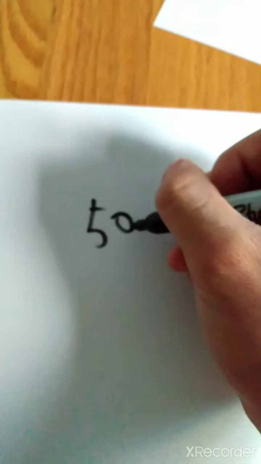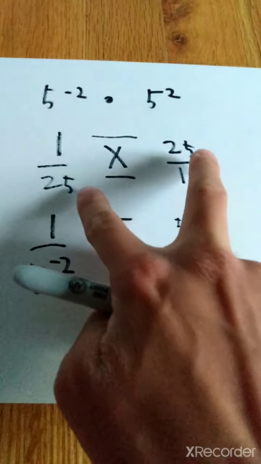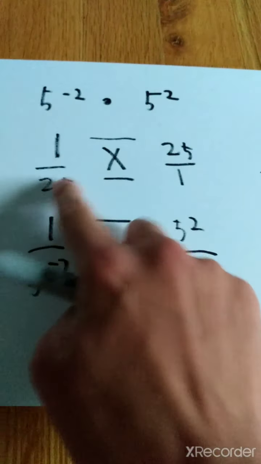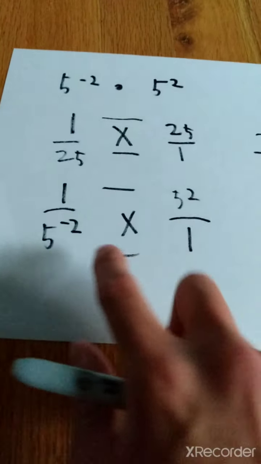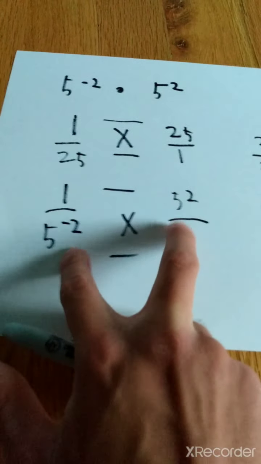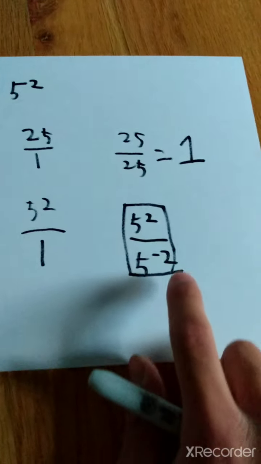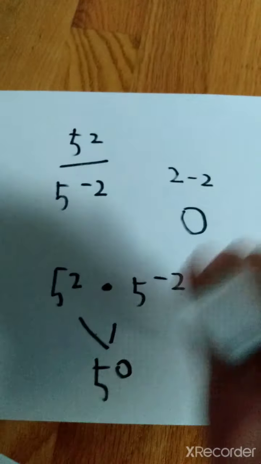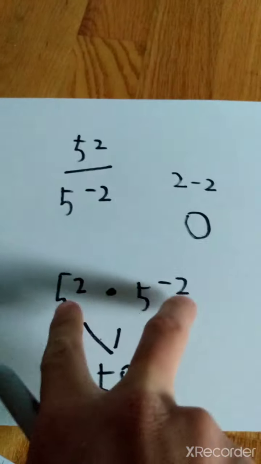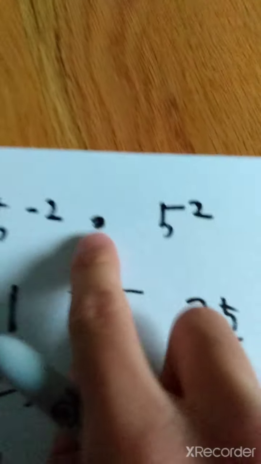5 to the power of 0 is the same thing as 1, because the first way we wrote it, with the fractions, multiplied to give a whole number. And if we do it with exponents, 5 to the power of 2 times 5 to the power of negative 2, we always add the exponents since we were multiplying.